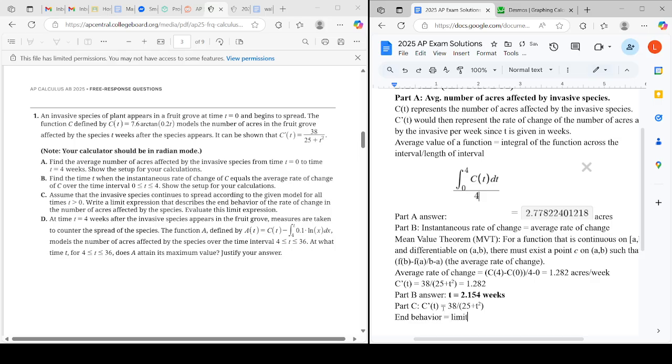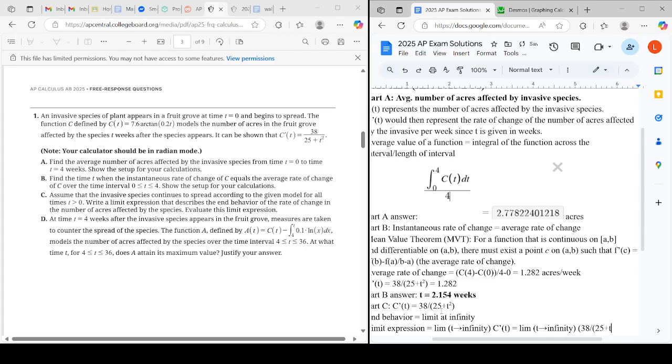And this would equal the limit as t goes to infinity of C prime of t, and that would equal the limit as t goes to infinity of 38 over 25 plus t squared.